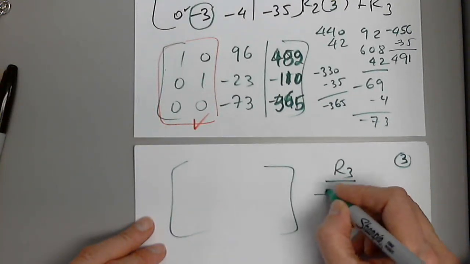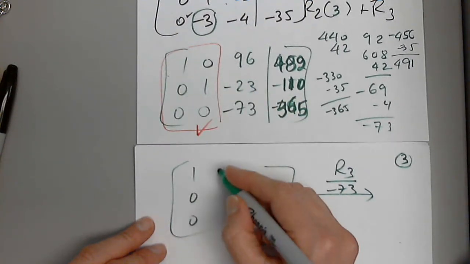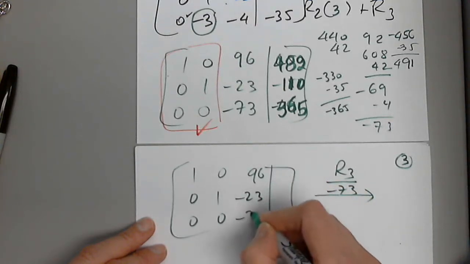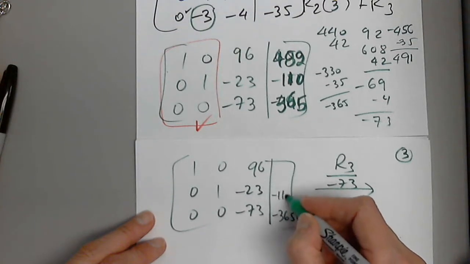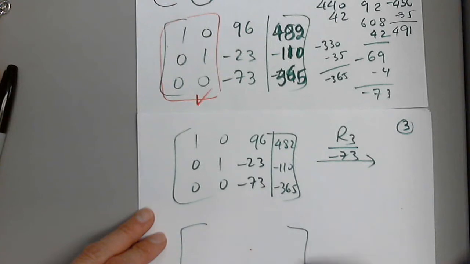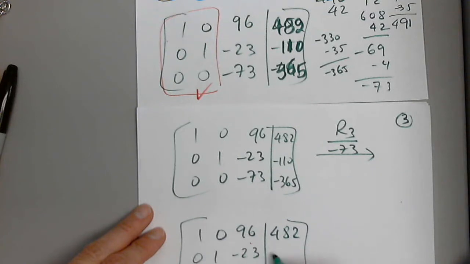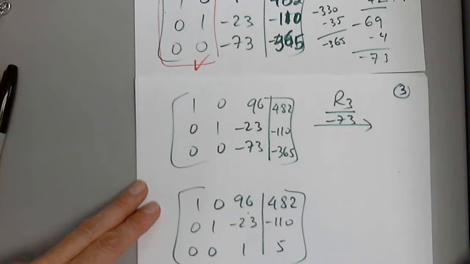I'm going to divide row 3 by -73. So then we get 1, 0, 96, 482; 0, 1, -23, -110; and 0, 0, 1, 5.